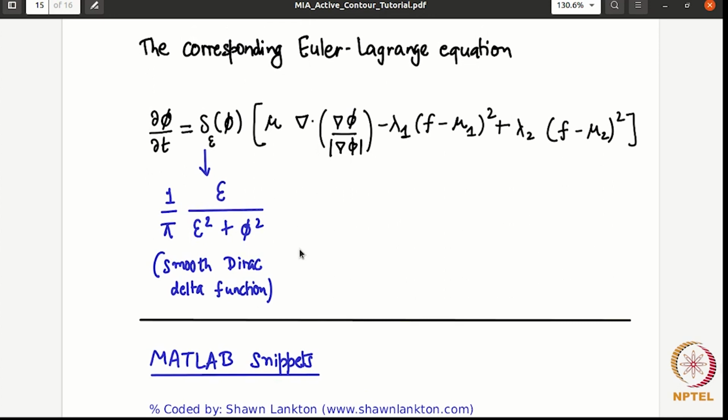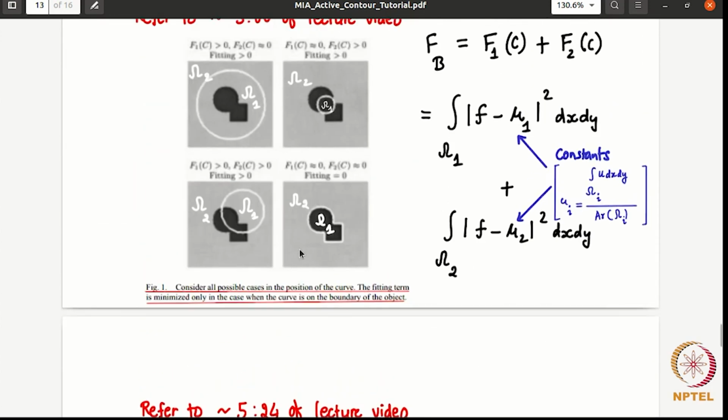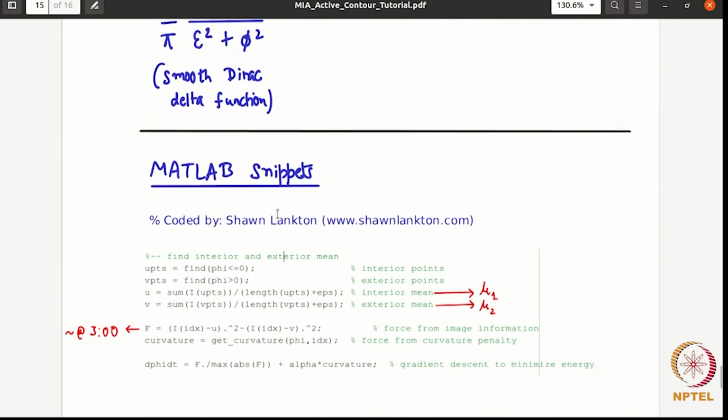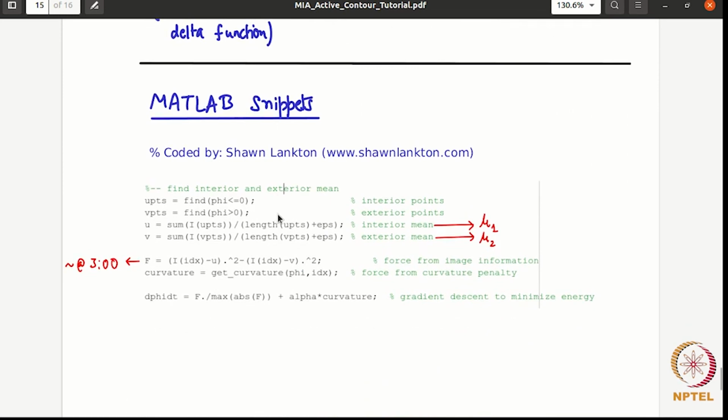Now, because this formulation is shown to you in the MATLAB snippet, we will show you the mean square loss term, this term that we were explaining for so long, and how it is implemented in the Chan-Vese segmentation. This code is by Sean Langton, and it is available in MATLAB Central.